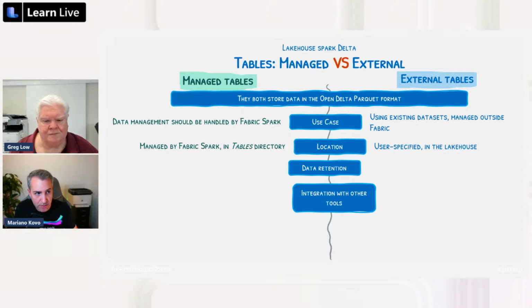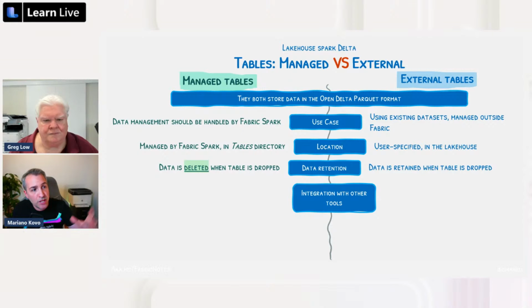Obviously in the same lakehouse. In terms of data retention, the important thing is when you create a managed table and delete that table, all the data is dropped, okay? So you will lose the definition and the data. In the case of external tables, when you delete an external table, you delete the definition, but not the data. So you can reuse it later, okay?